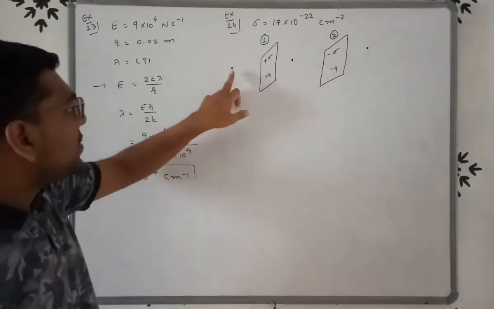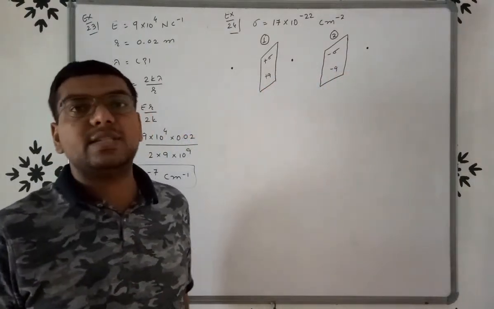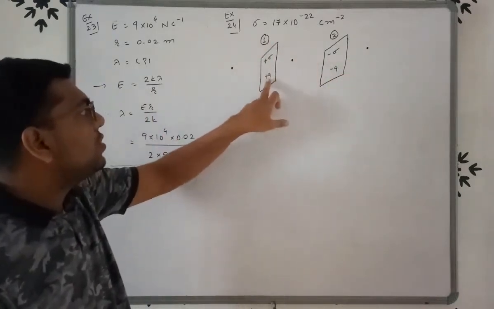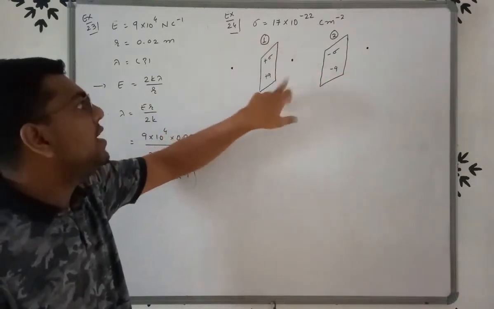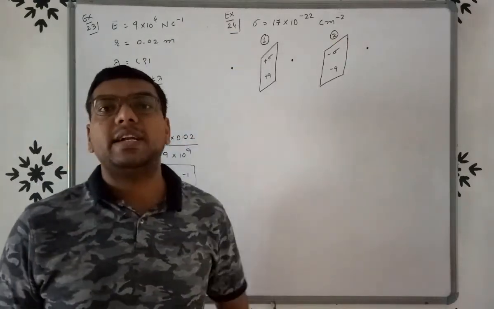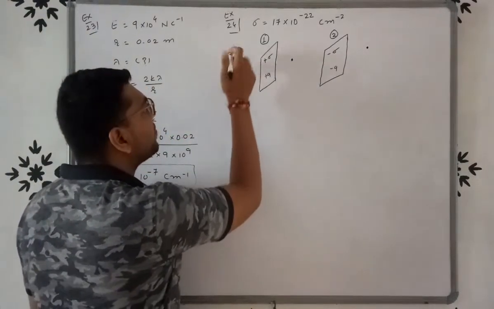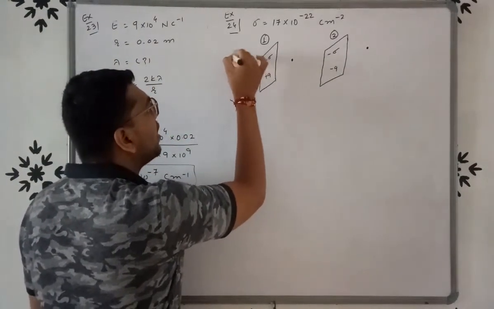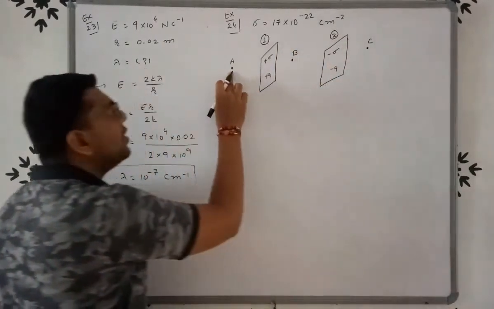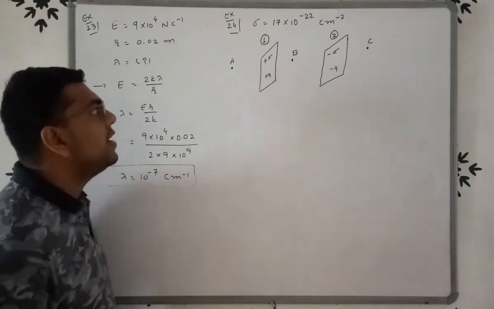So here we have to define the direction of electric field at these points. The electric field is due to the positive charge on plate 1 and the negative charge on plate 2, right? So here this is point A, this is point B, and this is point C. Now at these points we have to define the direction of electric field, right?